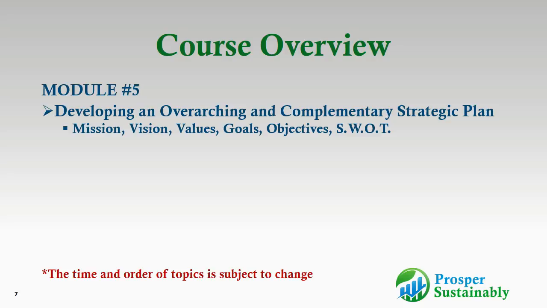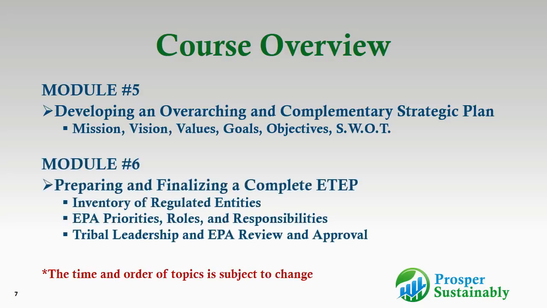In the next module, we're going to cover developing an overarching strategic plan, which is going to cover the mission, vision, values, goals, and objectives, and doing a SWOT analysis. Module 6 is going to be about preparing and finalizing your complete ETEP and strategic plan, covering some areas that are required by the EPA GAP guidance that we have not covered yet, including the inventory of regulated entities, the EPA's priorities, roles, and responsibilities, and getting tribal leadership and EPA review and approval.